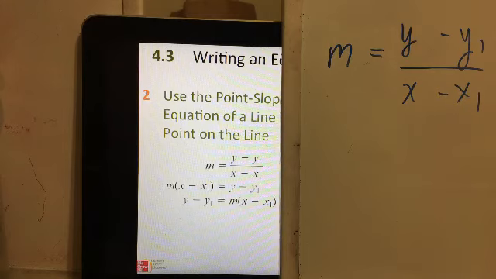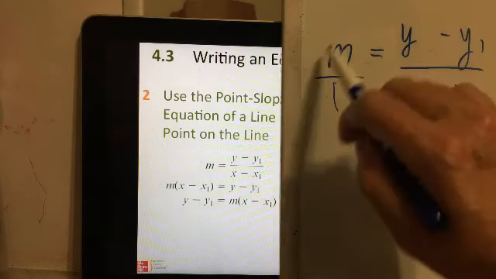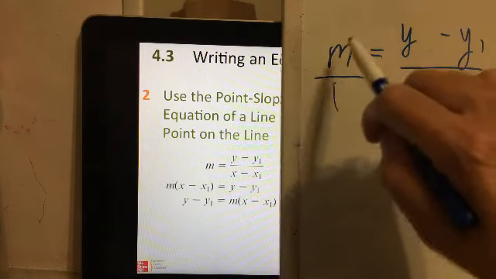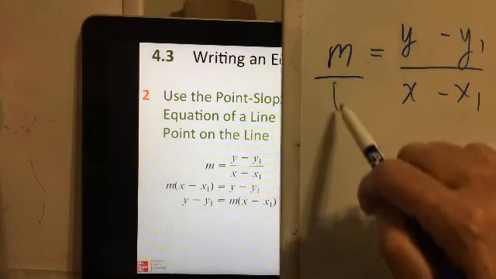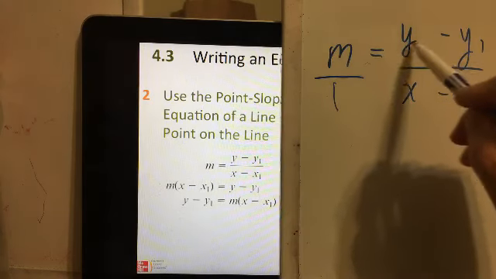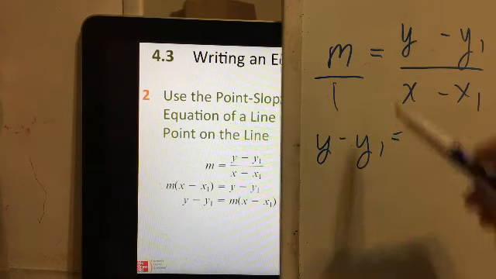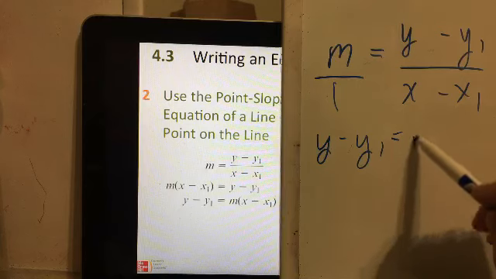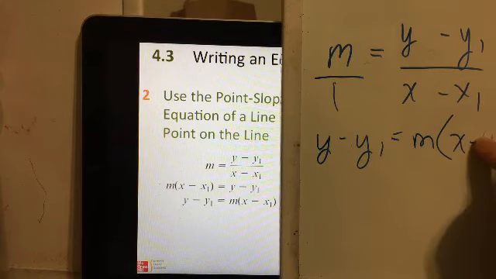Now, if they take this equation and they cross multiply, remember, anytime I have a number, I can put a 1 underneath it, okay? So I'm going to put a 1 underneath my m, and I'm going to cross multiply. When I do that, I have 1 times (y minus y1), and on the right-hand side, I've got m times (x minus x1).